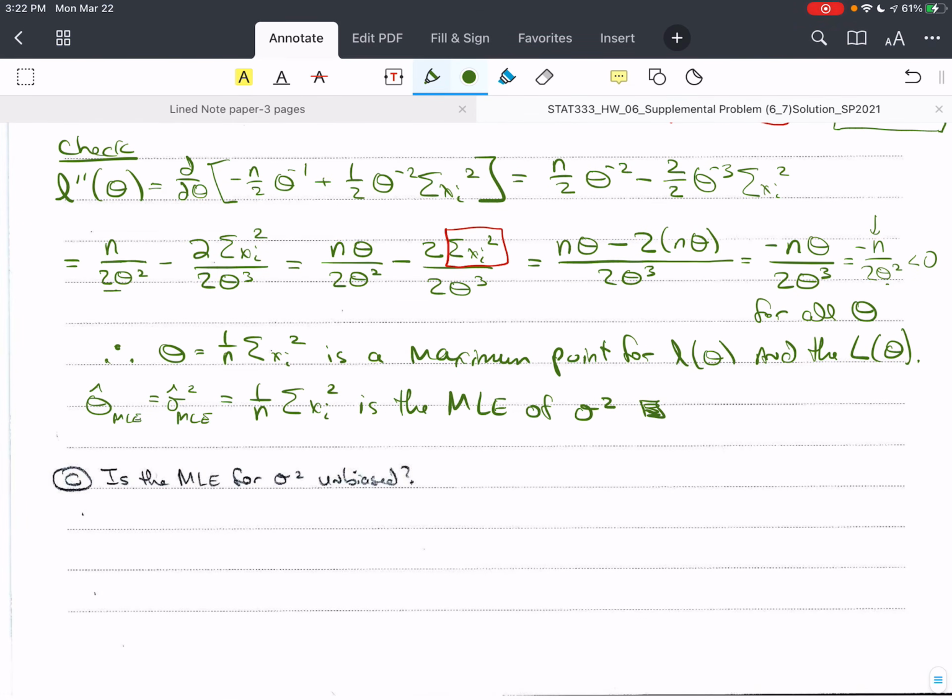Now, we want to show that it's a function. Therefore, y equals the sum of xi squared equals n times σ hat squared MLE is a 1-to-1 function of the MLE.